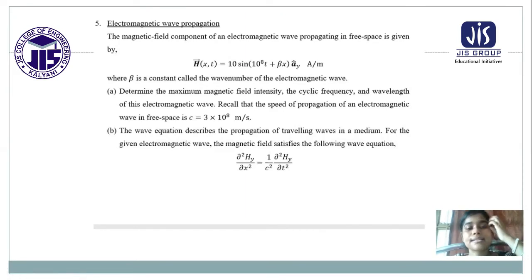From this numerical, what we came to know is that we have to remember the formula. If we don't remember the formula, we cannot do this numerical. That's why I always tell you that whenever you do any derivation, you must remember the result, because remembering the result is very important for doing any numerical.